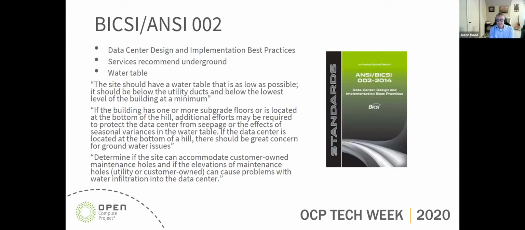There's also BICSI 002, and this is a good best practices guideline for data centers. In relation to water specifically, what we're talking about now, you do start to see some related terminology. The site should have a water table that is as low as possible. It should be below the utility ducts and below the lowest level of the building at a minimum.